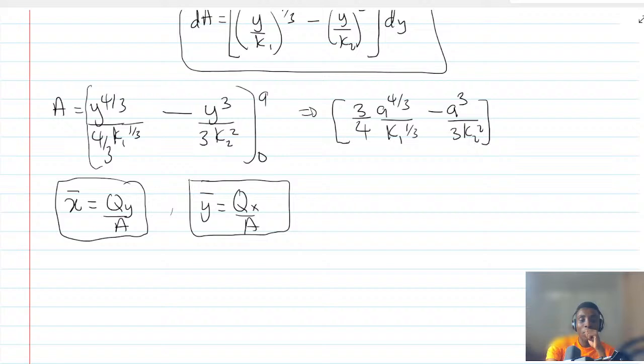Please, for the simple machines, you just have to memorize the formulas for an inclined plane, for the screw, and all of this. That's all. You'll be fine.